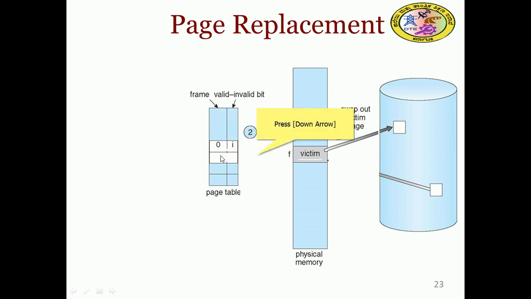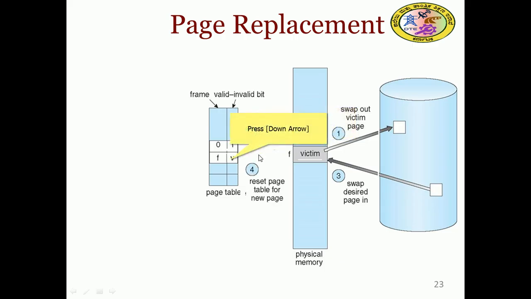So change to invalid, and this page will be changed into valid, and such frames we can swap in after making that page valid. The victimized old page we can remove, and in that place we can bring the new page which is essential.